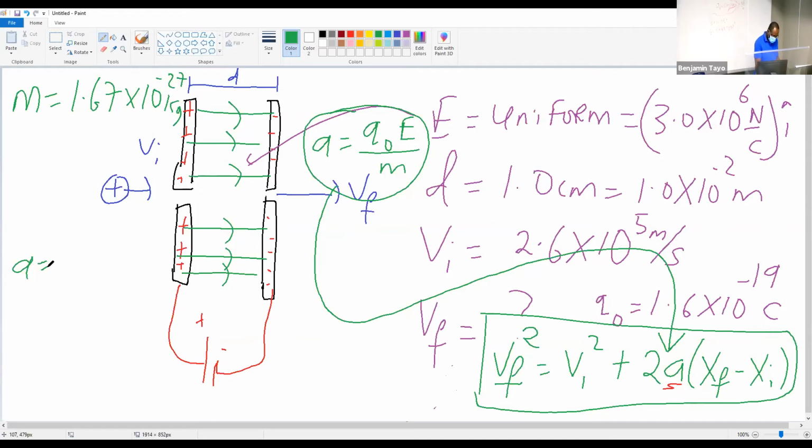So this should give you 2.87 times 10 to the power of... this is what I got here. This would be 8 meters per second squared.